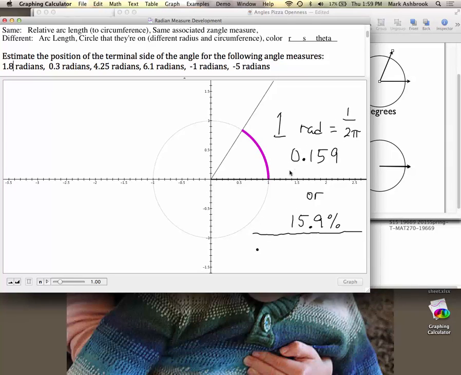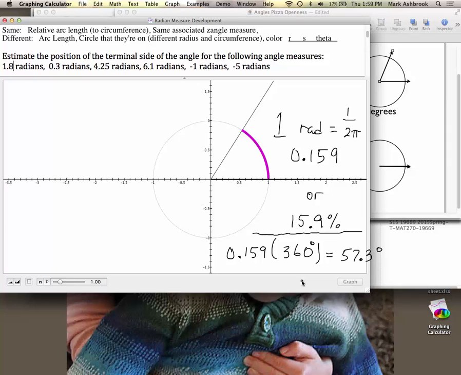No formula to memorize. We're just going to take that fraction of the circle, and now we want the fraction of a full rotation in degrees. 57 or something? No formulas to memorize.